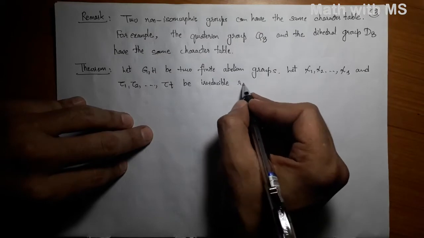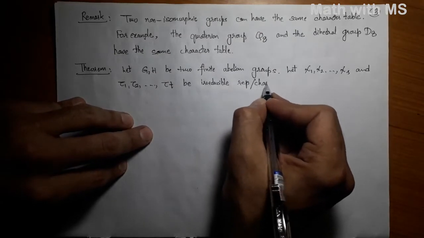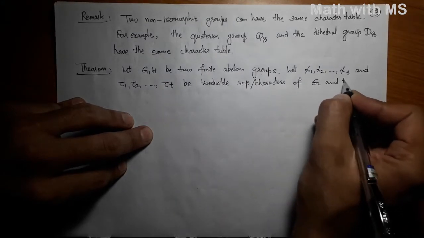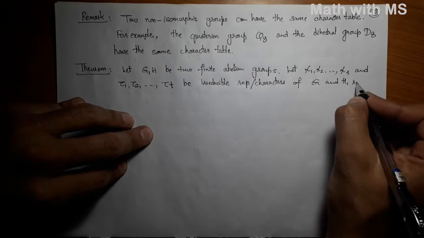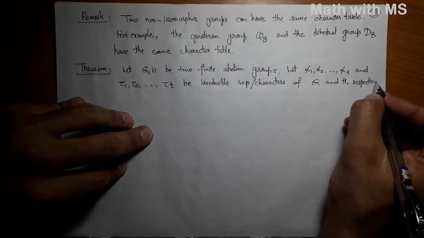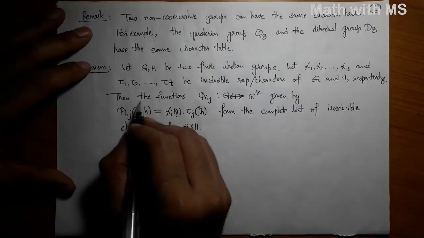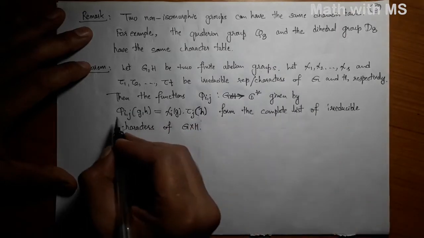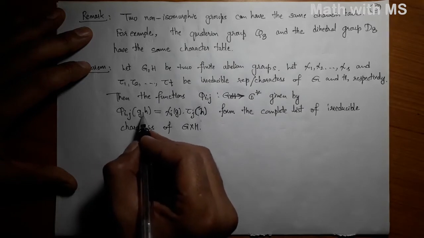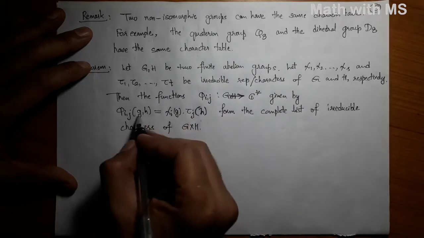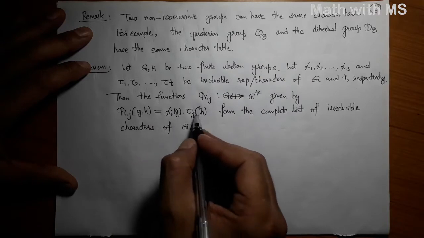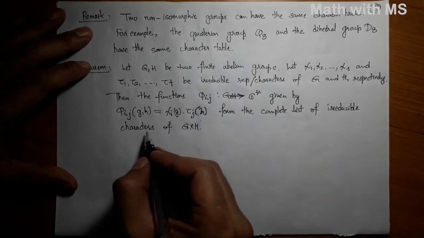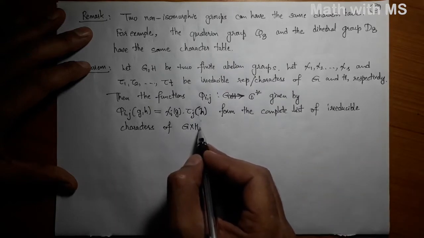Be irreducible representations or characters of G and H respectively. Then the functions phi ij from G cross H to C star given by phi ij acting on a pair (g,h), an element of G cross H, equals chi i of g times tau j of h, form the complete list of irreducible characters of the product group G cross H.